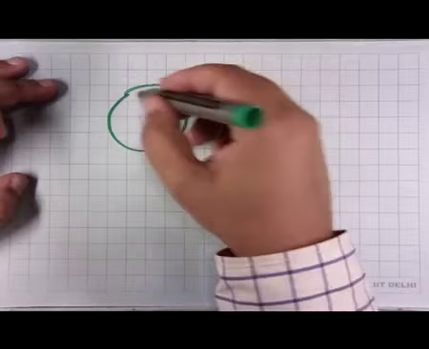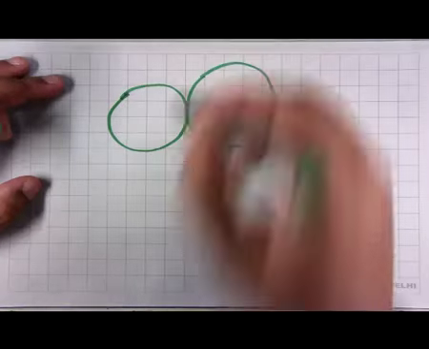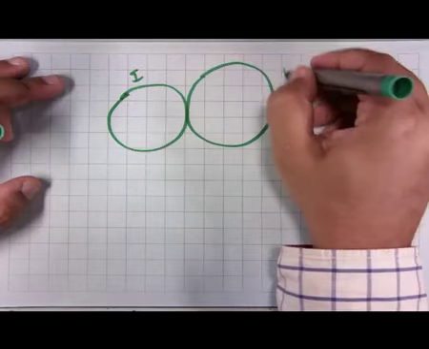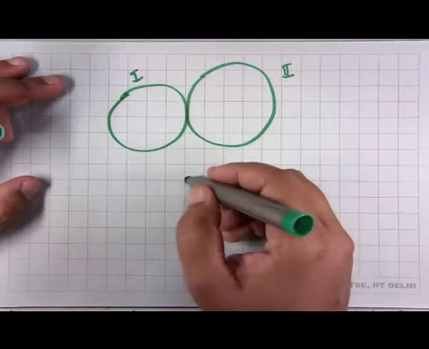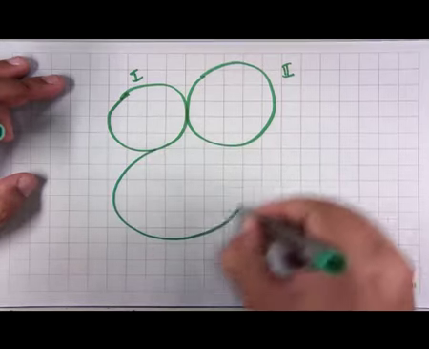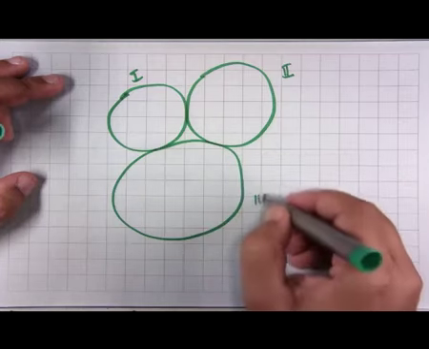So, let us say this is the smallest circle of radius 3, then we have another circle of radius 4 centimeter. Let us say this is circle 1, this is circle 2, and then we have the largest circle of radius 5 centimeter, circle 3.